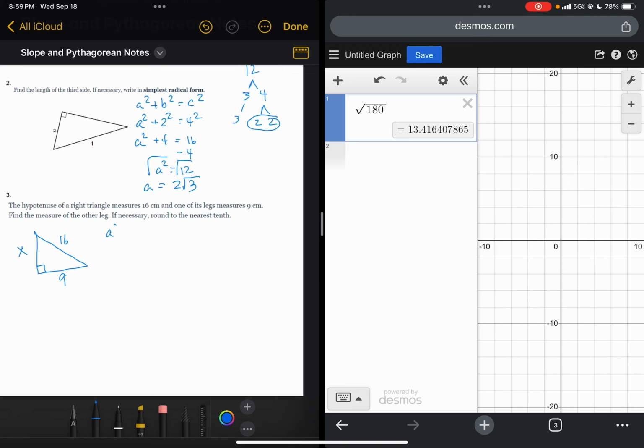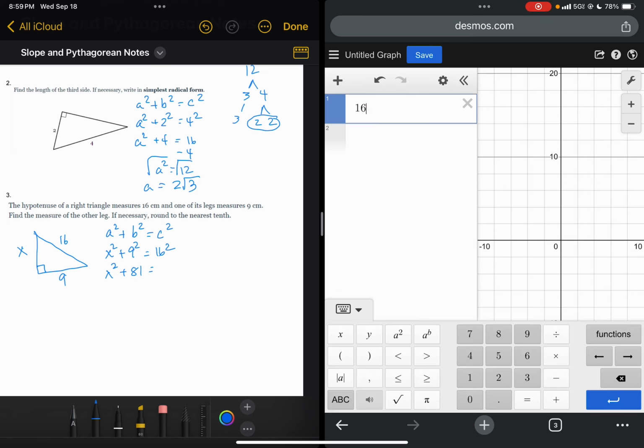So we have a squared plus b squared is equal to c squared. So x squared plus 9 squared is equal to 16 squared.